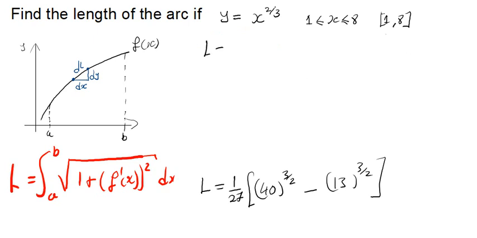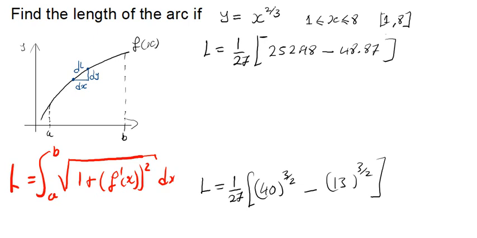So 1 over 27, and 40 to the power 1.5 is going to give something like 252.98, minus 13 to the power 1.5, which is 46.87.